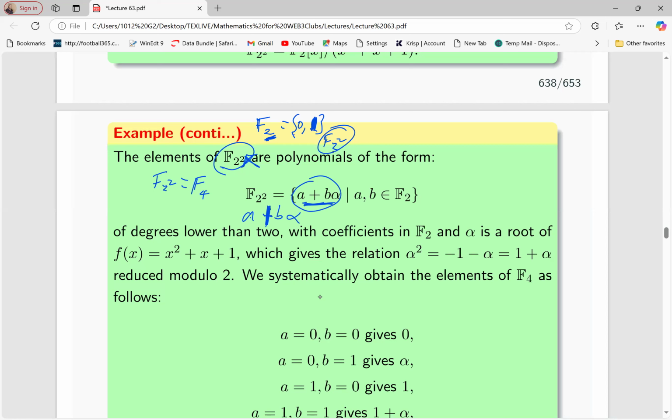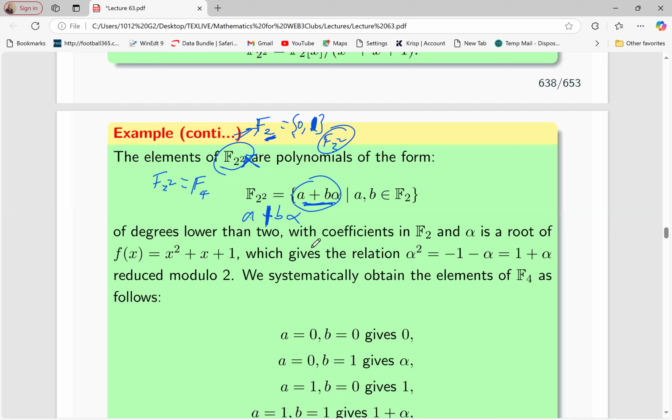A and B are coming from F of 2, the one you are given initially. So we only need to obtain alpha. And so how do we do this?